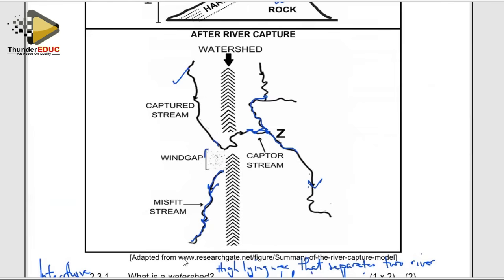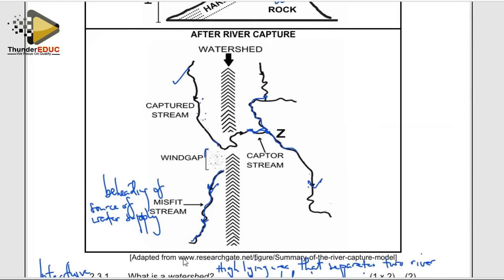This one is formed just because of the beheading of the source of water supply. The source of water supply here has been beheaded from it. That is why it has now become a misfit.